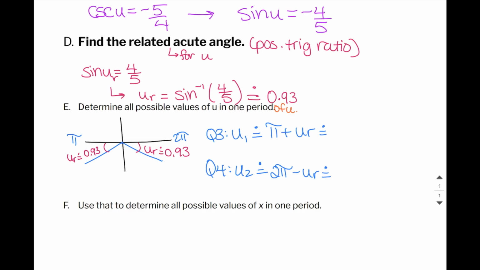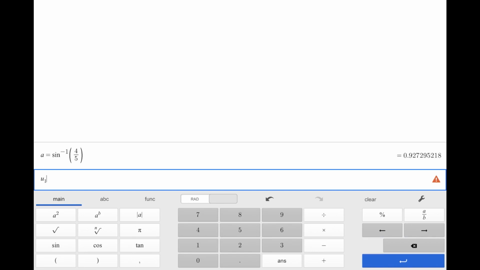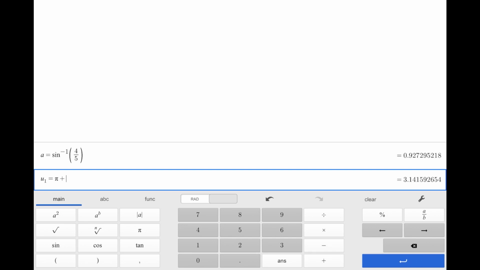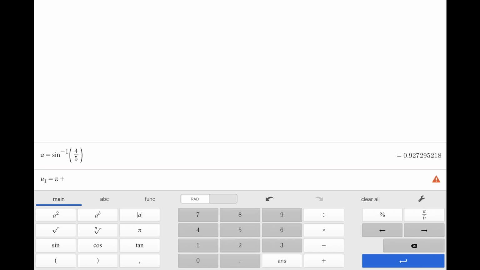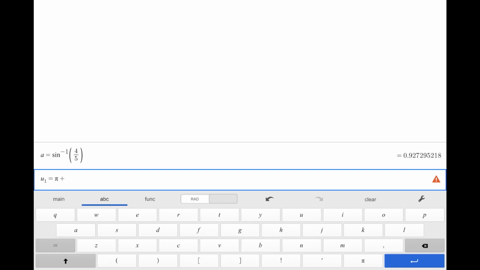So let's figure out what these values are in our calculator. I'm going to call this u sub 1, and this is going to be equal to pi plus our related acute angle that we got here, but we called this a, so we'll call this a. So plus about 0.93, but I use the actual value of a, which is the inverse sine of 4 over 5. So this is about 4.07.